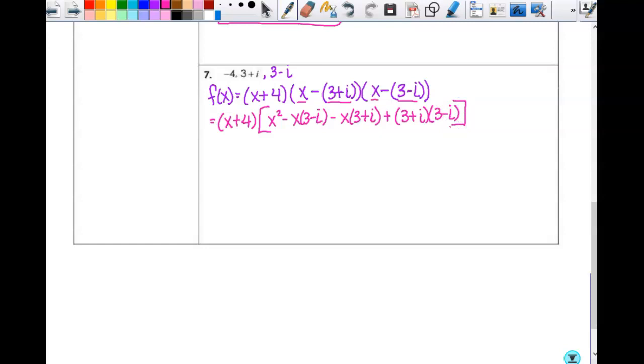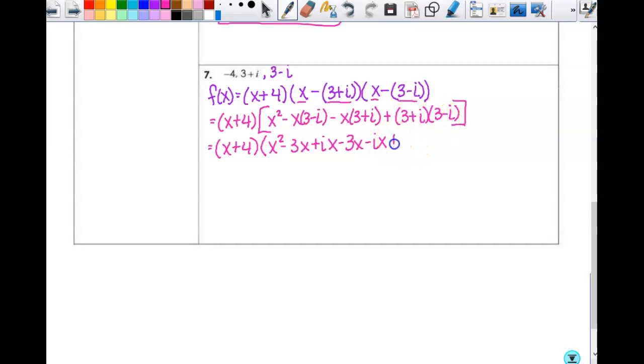So I've multiplied these, and now I'm going to distribute these things in here and clean this up. This x plus 4 is still hanging out here. So then this is going to give me x squared. When I distribute these, I get negative 3x plus ix. Then I distribute these and I get negative 3x minus ix. Then these two are a difference of squares again.